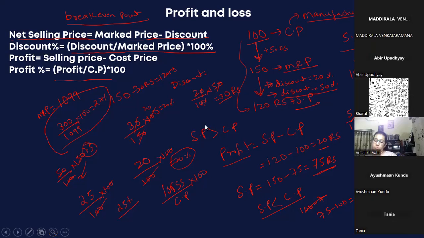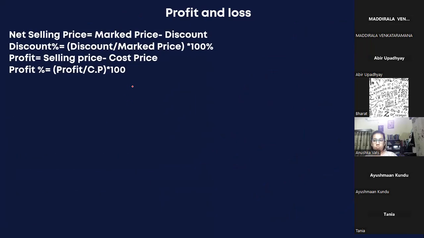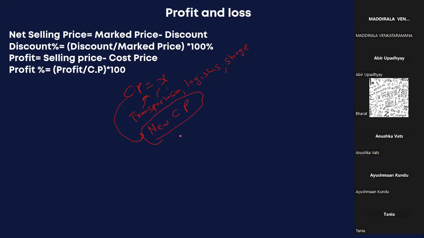Remember one thing, even if they give you the cost price as X, if there is transportation, logistics, storage cost, or any other costs, all these costs have to be added to the actual cost price to get the new cost price, and your profit and loss will always be calculated on this new cost price.